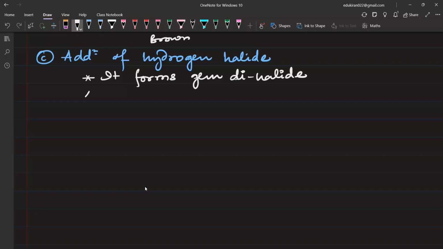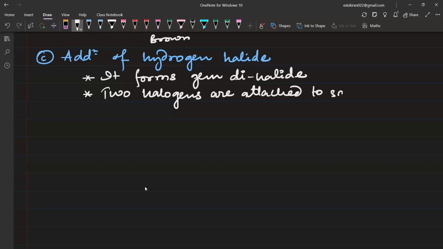What is gem dihalide? Gem dihalide is when 2 halogens are attached to the same carbon. मतलब क्या है? For example, if you have HC triple bond CH, it would react with HBr. एक कार्बन को मिल जाएगा हाइड्रोजन.